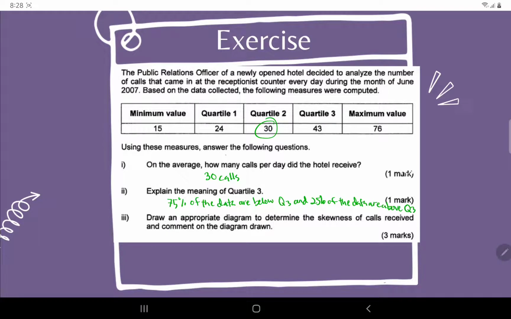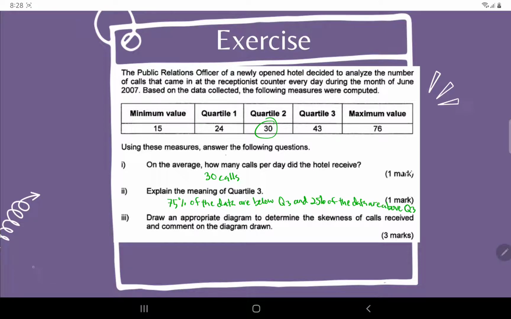And then draw an appropriate diagram to determine the skewness of calls received and comment on the diagram below. So we need to draw a box and whisker plot, because we have the minimum value, maximum value, and all the values for quartile.